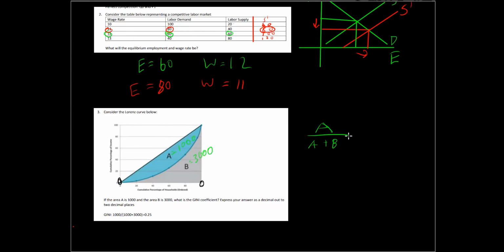So we just need to plug it into this kind of simple ratio. So we have 1,000 over 3,000 plus 1,000, which is just 1,000 over 4,000, or 1/4, which is the same thing as 0.25.